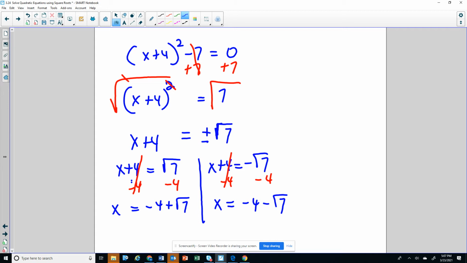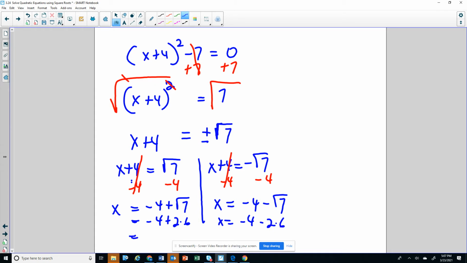Let's call it 2.6, right? So that's going to give me -4 plus 2.6, and x is equal to -4 minus 2.6.